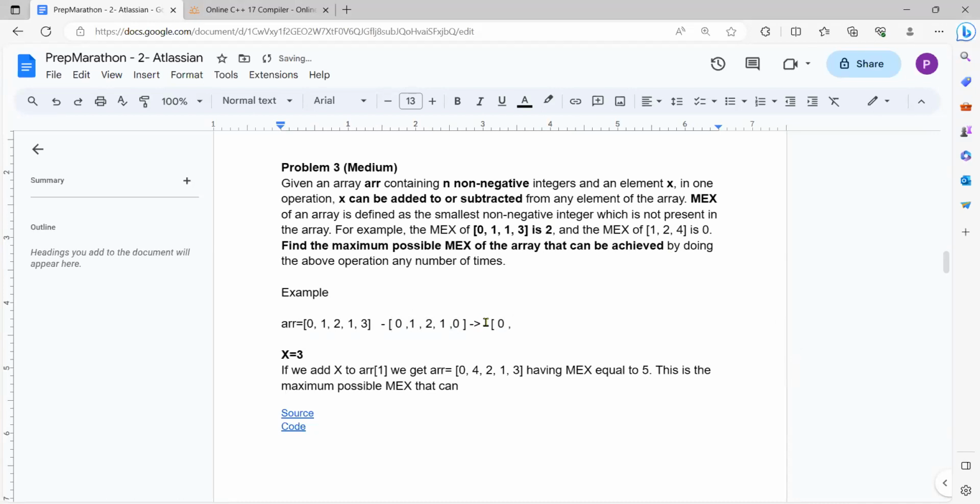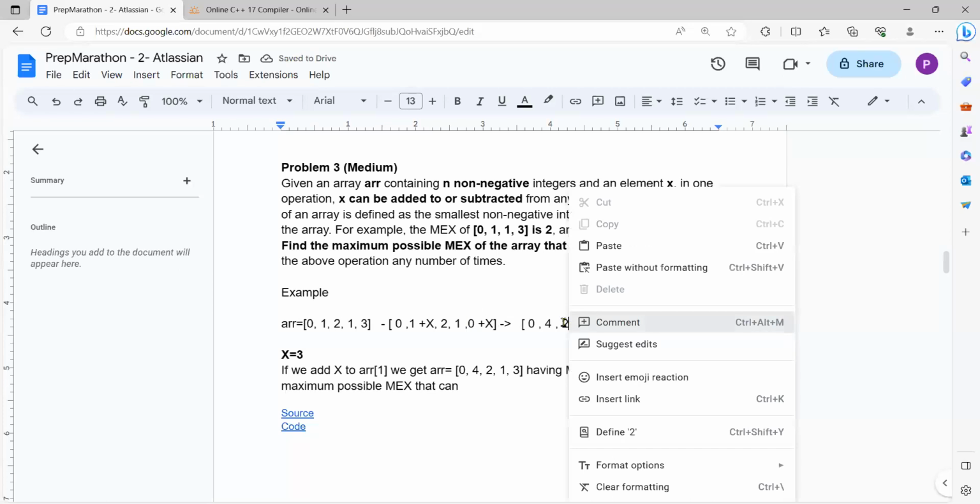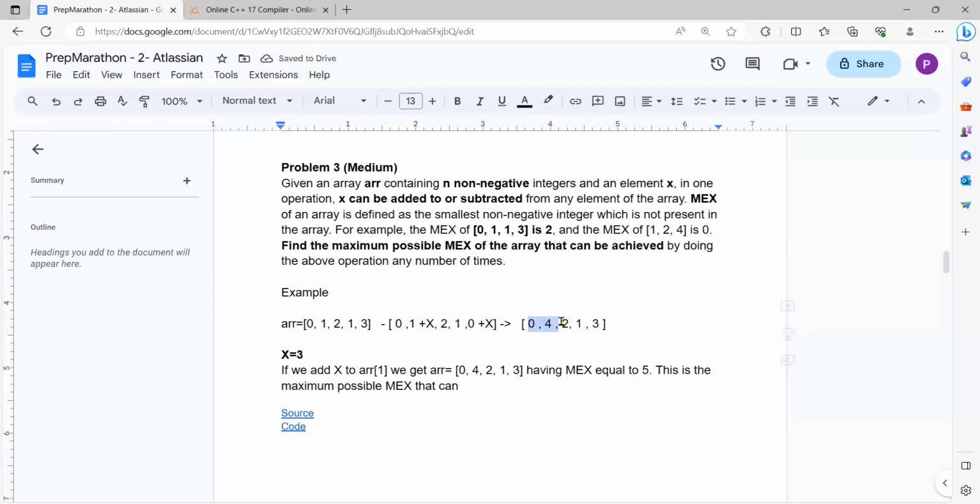Now you can add 3 to this first 1, you can get 4. Now 2 will remain as it is, then 1 again. Now you can add 3 here. So to get this array, you got my point. So you have added this x here and here to achieve this array. And MEX of this array is 5. So the right answer for this is 5.